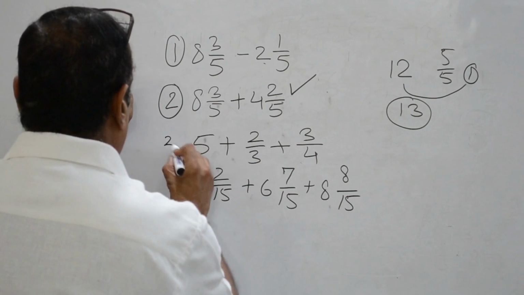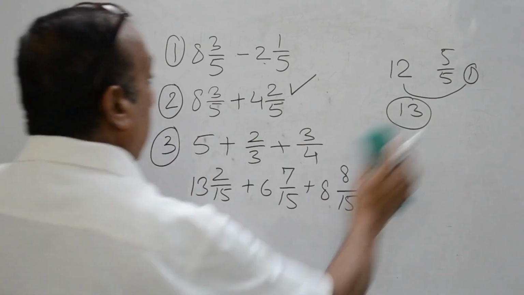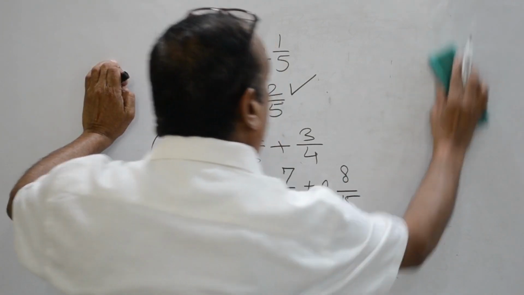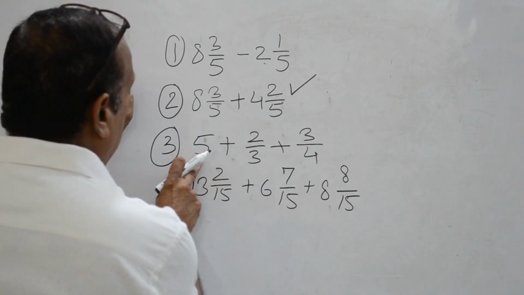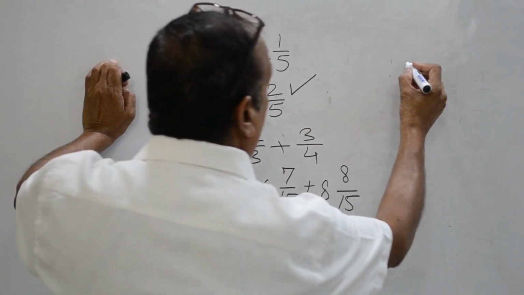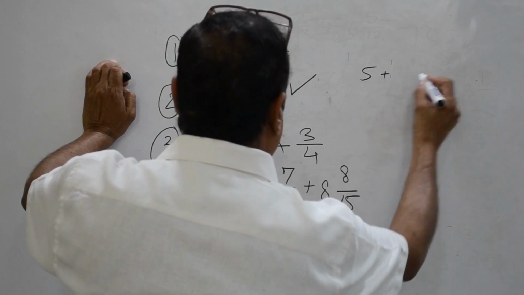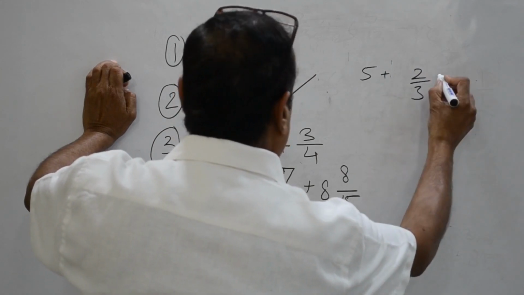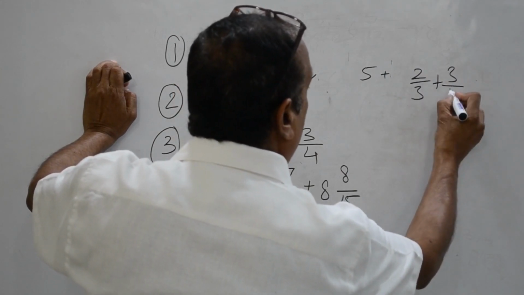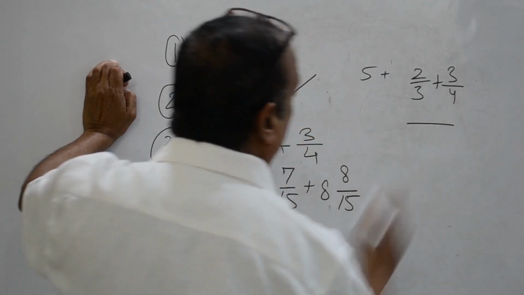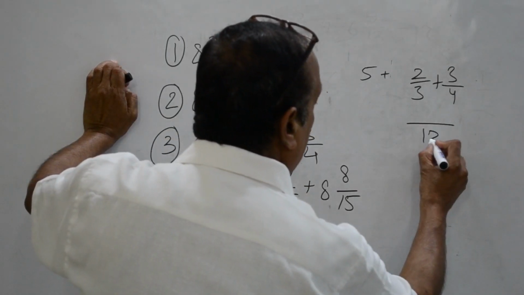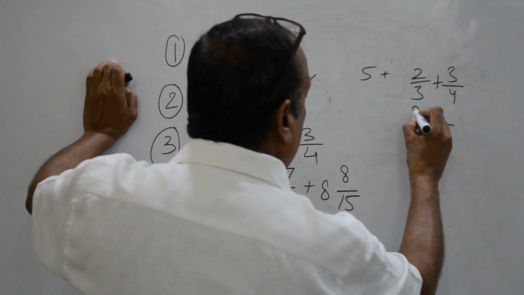Now the third problem. This is the whole number and this is the fractional part. So 5 is the whole number and the fractional part is 2 upon 3 plus 3 upon 4. The LCM of the fractional part is 12. So 4 twos are 8.